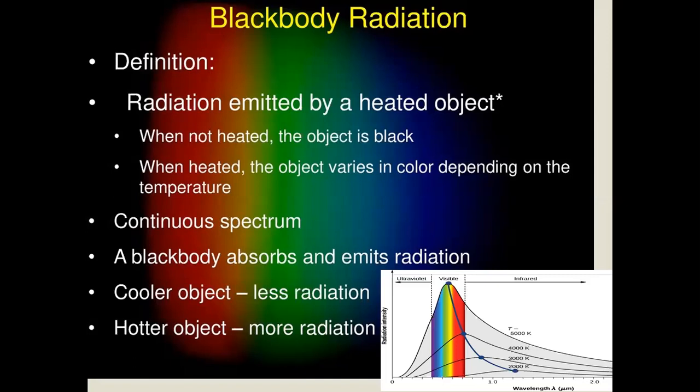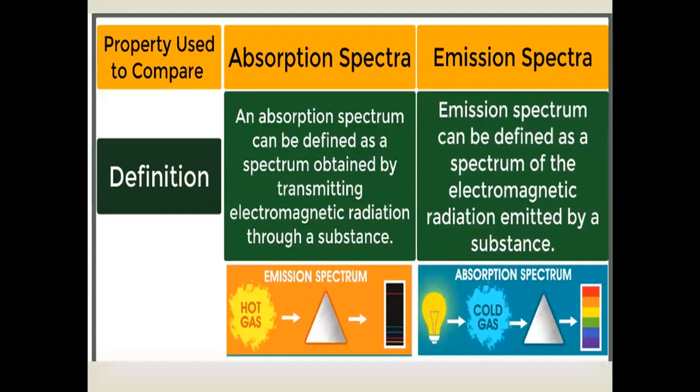Well, next, we are going to learn about the types of spectrum. There are two major types of spectrum, emission spectrum and absorption spectrum. So these two major categories. What is an emission spectrum and what is an absorption spectrum? Well, as you can see here in this image, we have a hot gas.